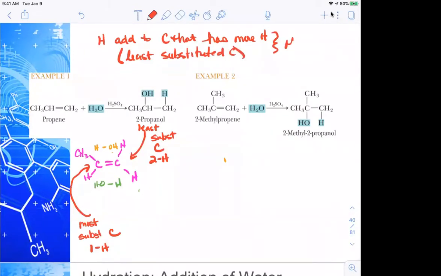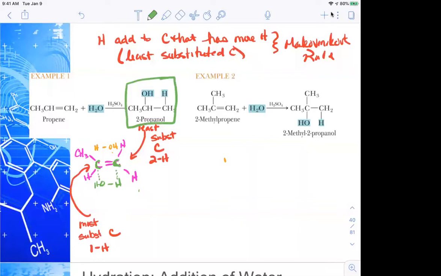That is Markovnikov's rule. So this carbon is going to get that hydrogen, and this carbon is going to get the OH. And that's what I see here. I get 2-propanol, and I don't get the other one.